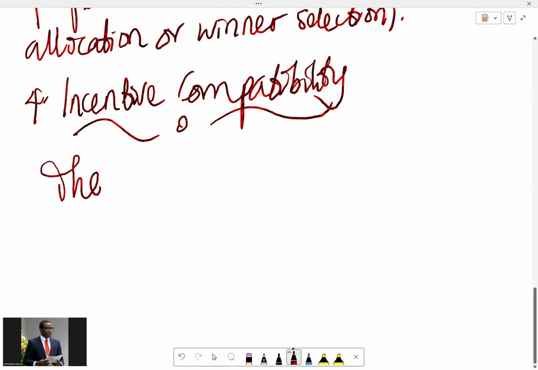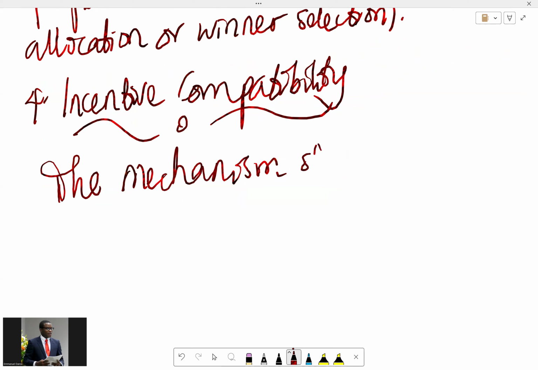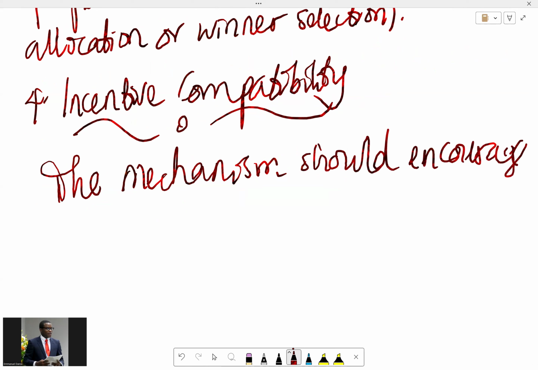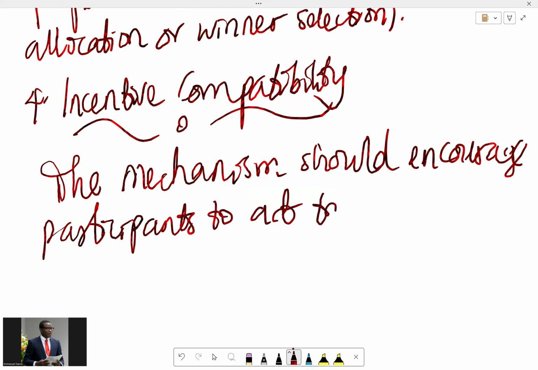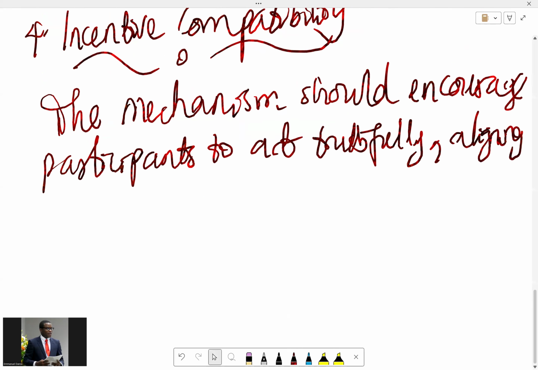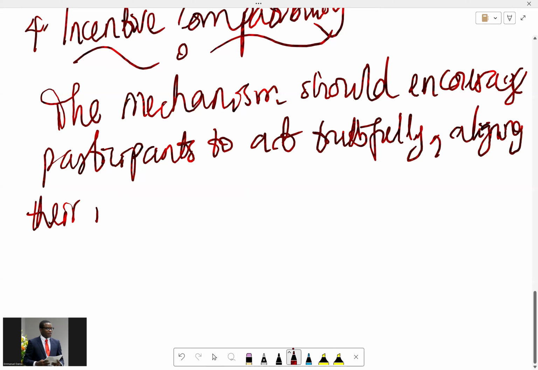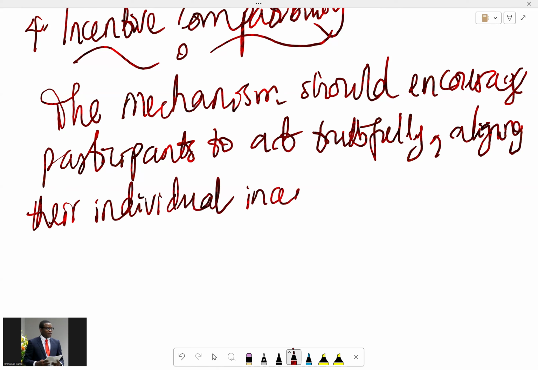Here the mechanism should encourage participants to act truthfully, aligning their individual incentives with the desired outcome.